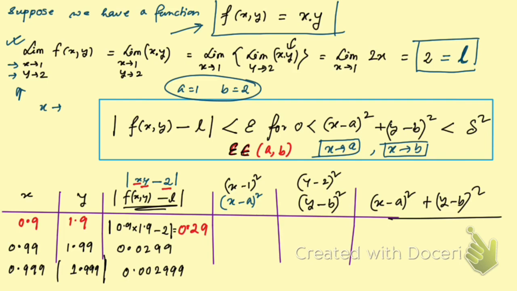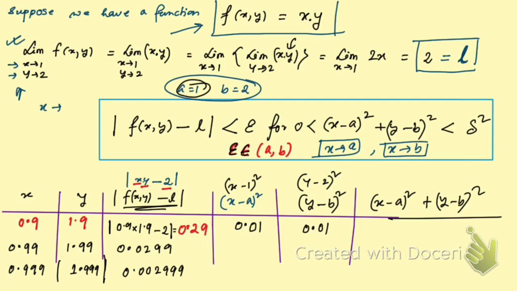Then x minus a. Here in this case our a is 1. So if you find x minus 1, that is 0.9 minus 1, that's going to be minus 0.1, and as we have a square here, squaring this is going to be equal to 0.01, right? Here also we're going to get 0.01, you can check yourself.